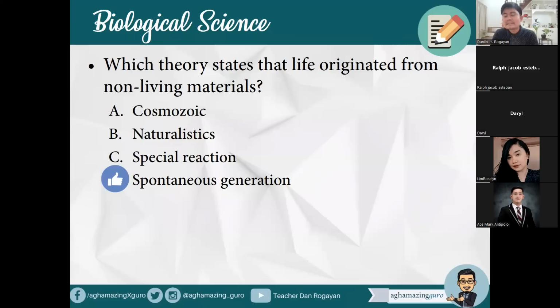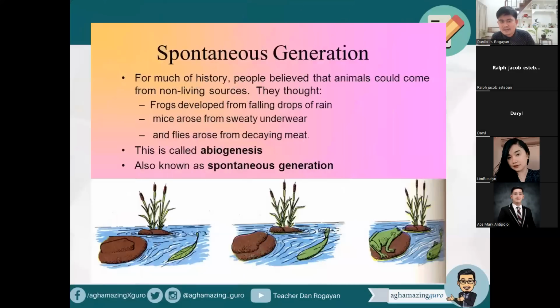The rest, like Spallanzani, Pasteur, and Redi, conducted experiments to disprove spontaneous generation, like the one with maggots. For much of history, people believed that animals could come from non-living sources.